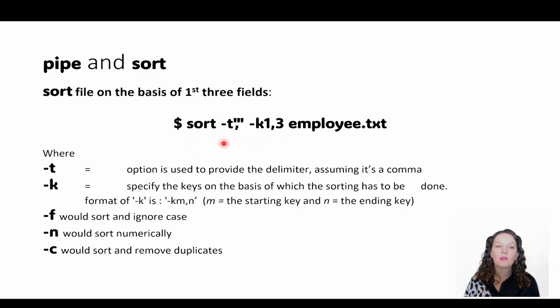If you wanted to ignore the case, which is often the way you might want to use it when sorting contents and data, the minus f will ignore the case. So it allows for case sensitivity issues, because what if someone put in their name as all lowercase, or what if they put it as uppercase? Do you need to go telling them, oh no, you're only allowed to enter your name in uppercase or lowercase?